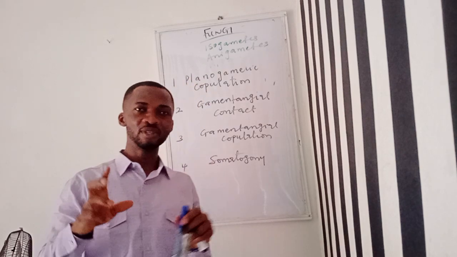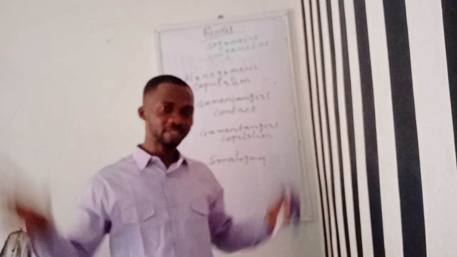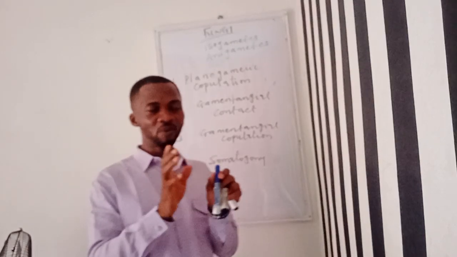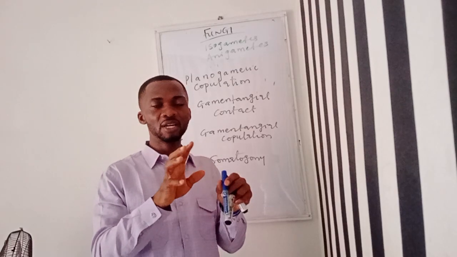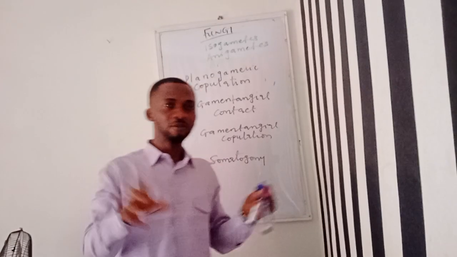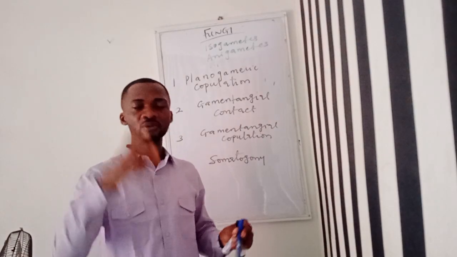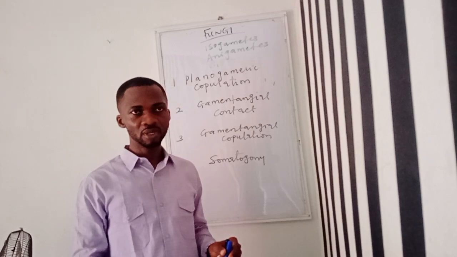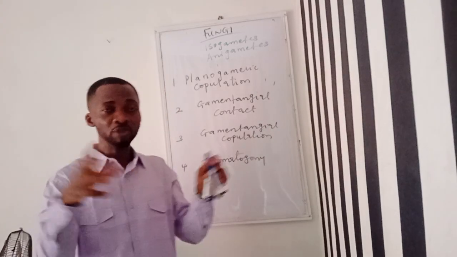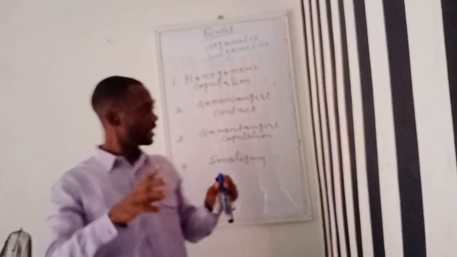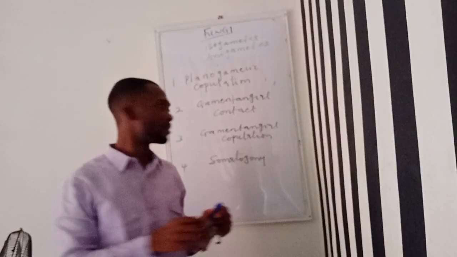Once they fuse together, there is usually a central fusion or mixture of the content. When I say the content, I mean the nucleus. There is a complete mixture of the entire nucleus. So in gametangial copulation, the entire gametangia fuse together.